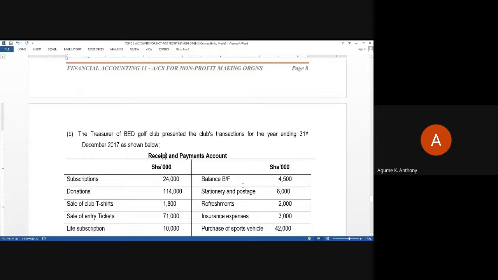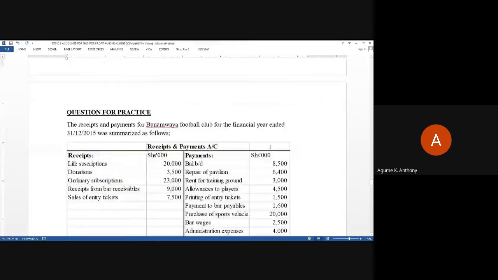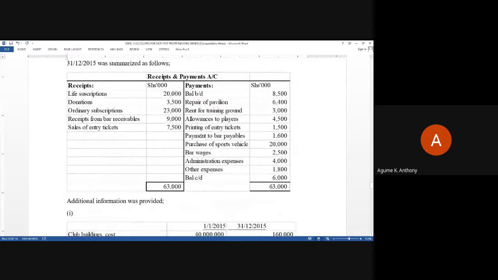Maybe what I need to correct on this Bunamwaya question, life subscription is 20 million. This is okay. Donations 3.5. Ordinary subscriptions 23. Receipts from bar receivables 9 million. Sales of entry tickets 7.5. Opening balance of 8.5 is okay.